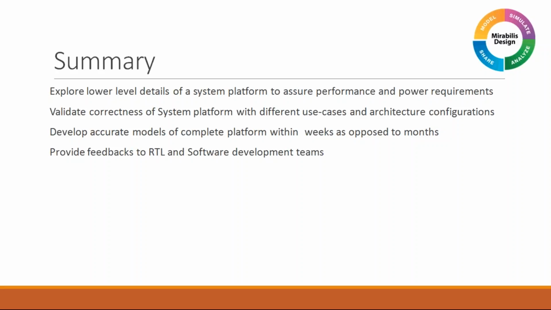And also validating the correctness of the system platform with different use cases and test cases and different architecture configurations. These models are also constructed within a few weeks to a few months, which tells you that you're spending very little time.